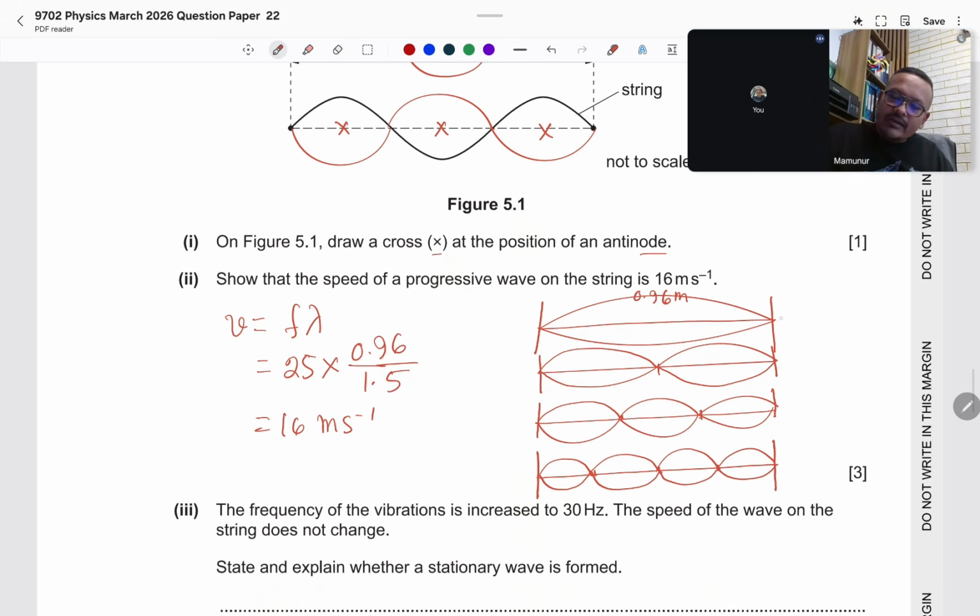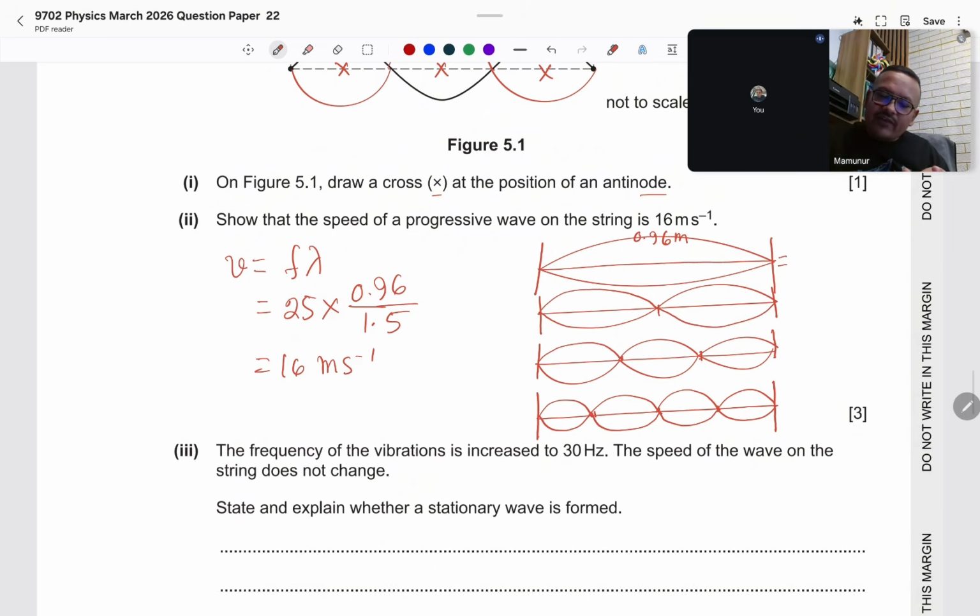So what about the frequency here? We got 16 meters per second speed, so I can easily find the frequency. f equals v by lambda. The first one: velocity is 16 divided by lambda.